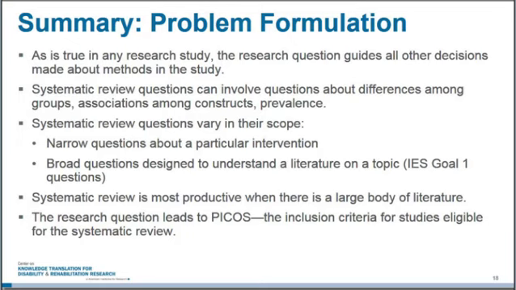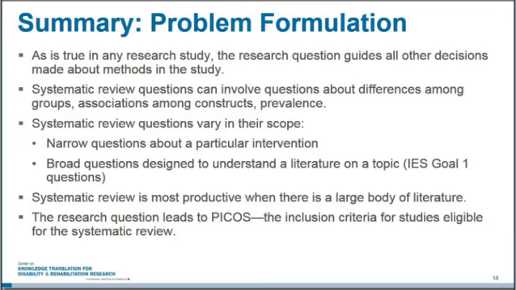These broad questions are, if you're familiar with the Institute of Education Sciences Goal 1, the goal framework for their funding opportunities, broader questions tend to be eligible for the IES Goal 1 funding. Obviously, systematic reviews are most productive when there's a large body of literature, although both the Campbell Collaboration and the Cochrane Collaboration have published reviews that have no studies in them.